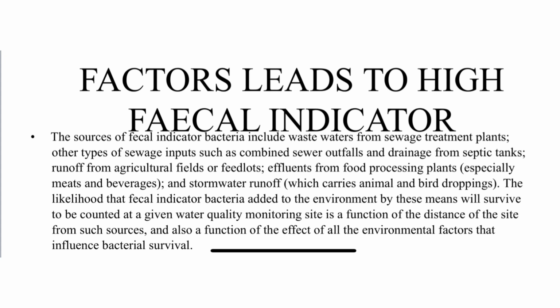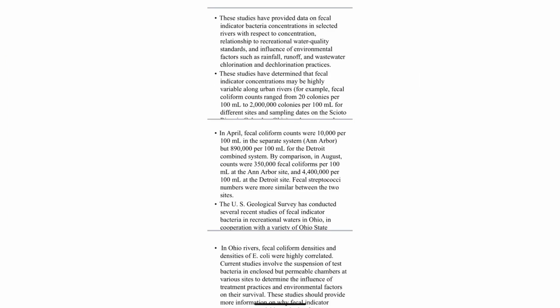The sources of fecal indicator bacteria include wastewater, sewage treatment plants, sewage inputs, sewage outfalls, drainage, and septic tanks. Effluent from food processing plants, stormwater runoff, water harvesting, and water quality monitoring should be kept in mind, along with a lot of environmental factors that influence bacterial survival.